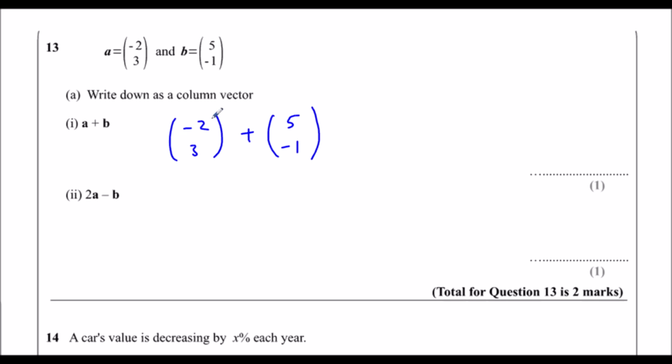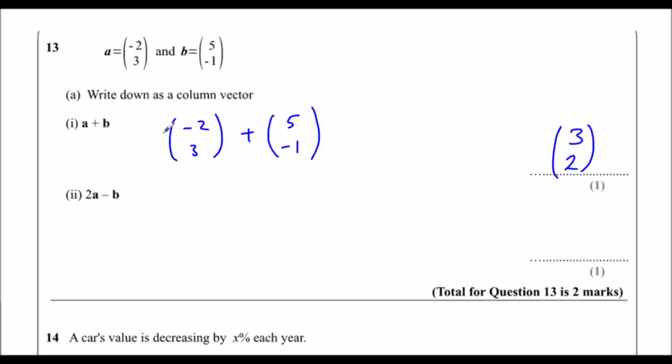So if we go 2 to the left and then 5 to the right, we've gone 3 to the right in total. Negative 2 and 5 make 3. And if we go 3 up and 1 down, we go 2 up in total. 3 plus minus 1, 3 minus 1 is 2.